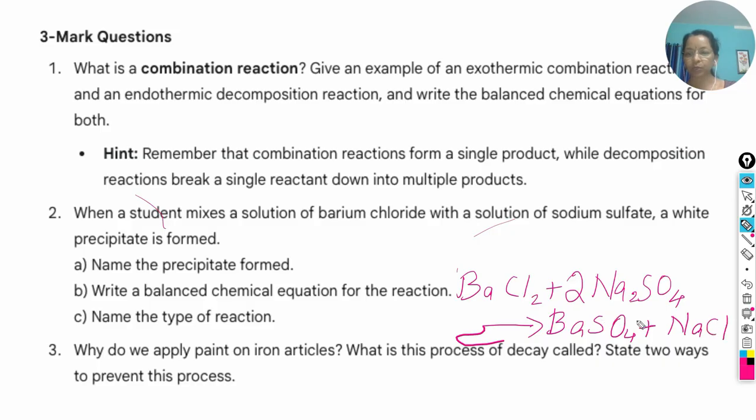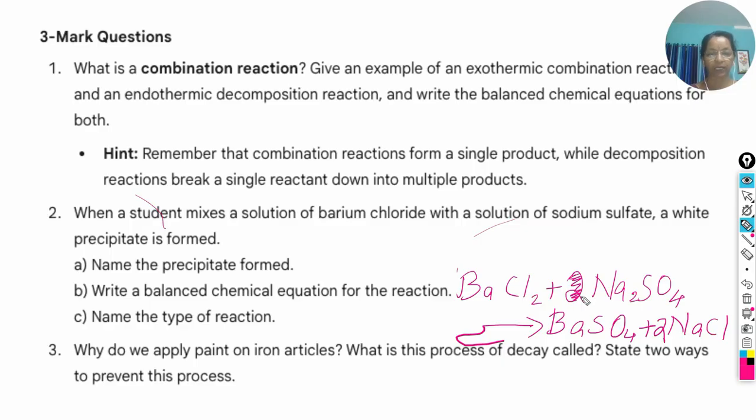So what I have to do here is make it 2 over here; this 2 is not required. Then barium is balanced, chlorine is balanced, sodium is balanced, sulfate is balanced. Only 2 in the case of NaCl.